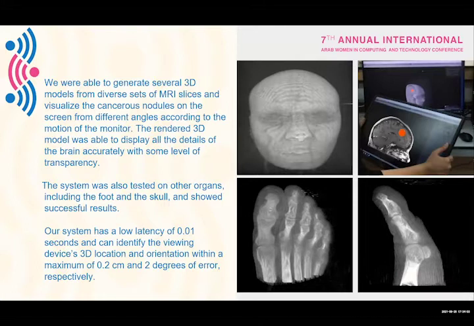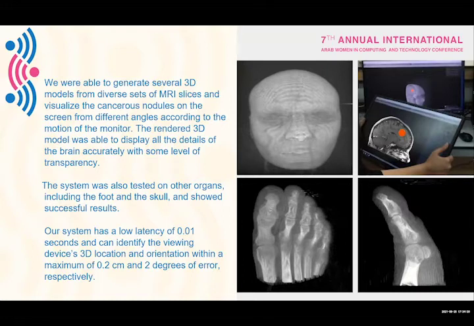So we first retrieve the position and orientation of the Vive tracker and then generate a transparent plane at that exact position to be able to slice the 3D model. The slicing process is then performed according to the plane's location and the slice is displayed on the monitor. Hence, we were able to visualize the cancerous nodules on the screen from different angles according to the motion of the monitor, as shown in the figure at the top right here.